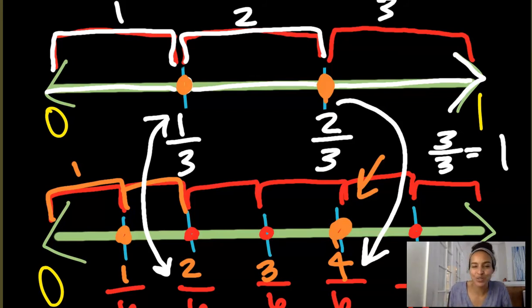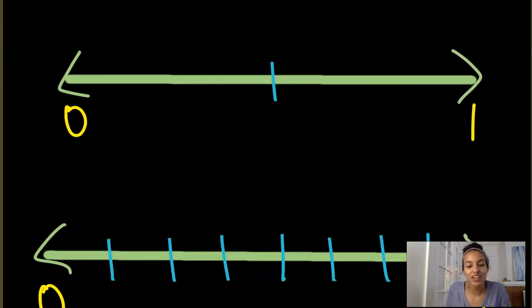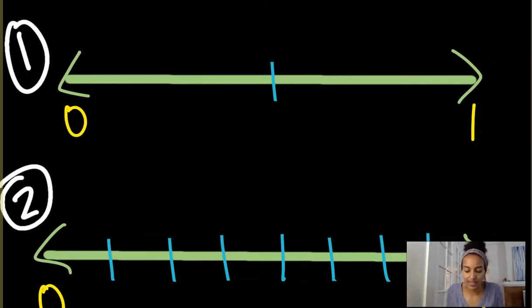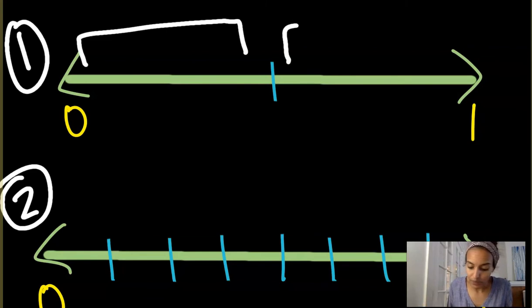Now let's see if you can do one on the number line. I will give you the first one, and then I want you to determine an equivalent fraction to the point on the first number line. First, I have to determine the parts that it's split into so I can know my denominator. 1, 2.